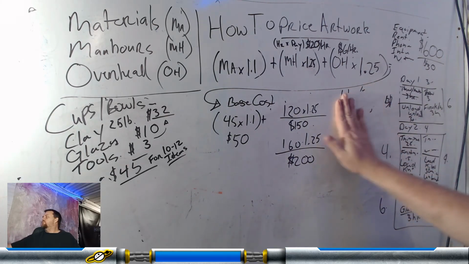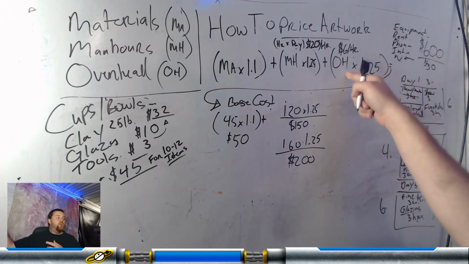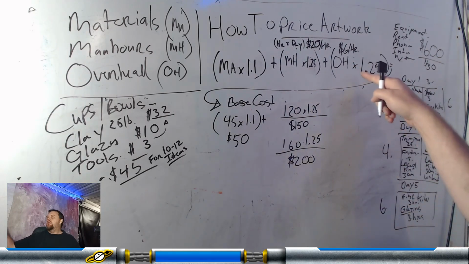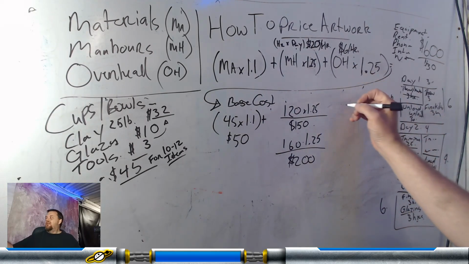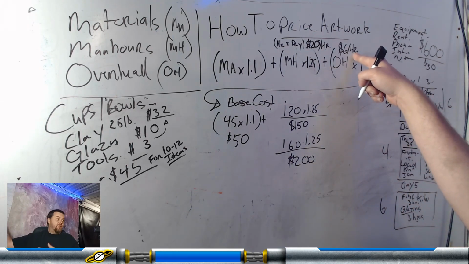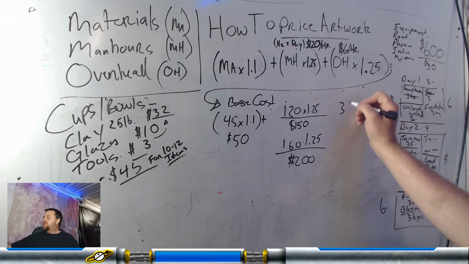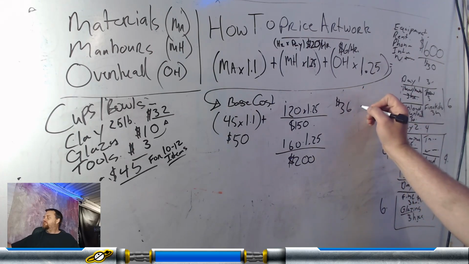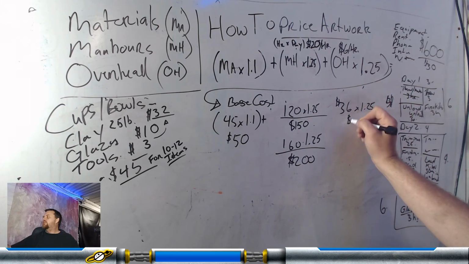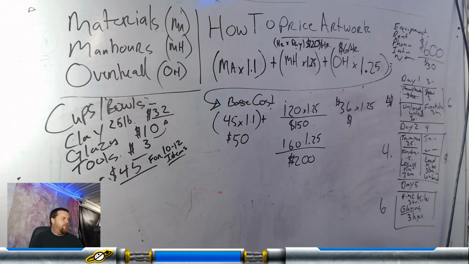Now, get rid of this. The overhead. Now we have two different overheads because we have two different sets of man hours. But it's not that hard. One is 6 hours, so at $6 per hour, because we already know what that is, comes out to being $36 times 1.25, which we know from last time, I believe, was $45.